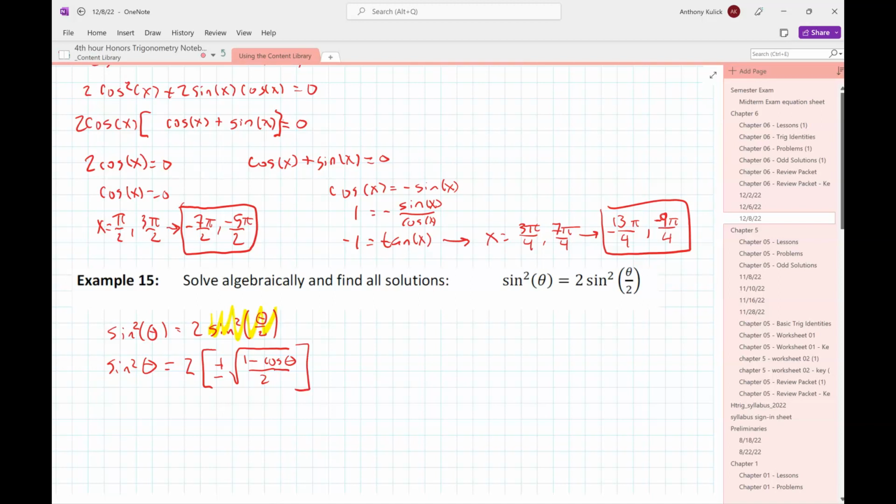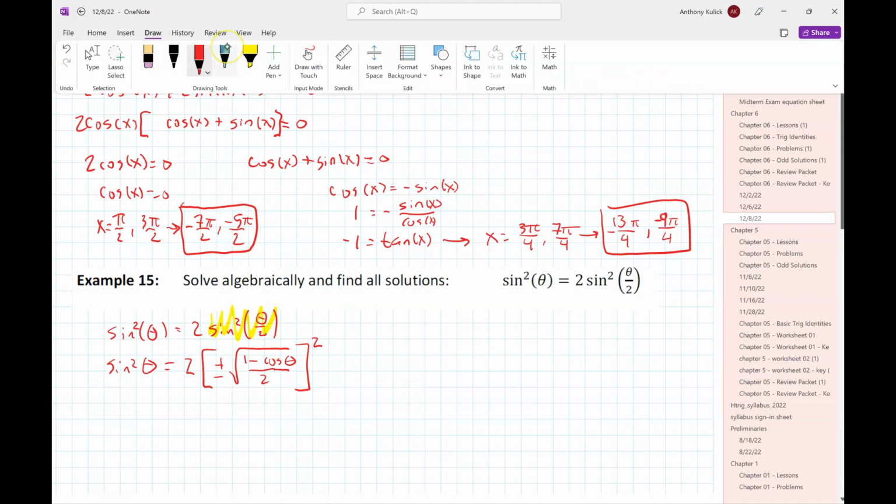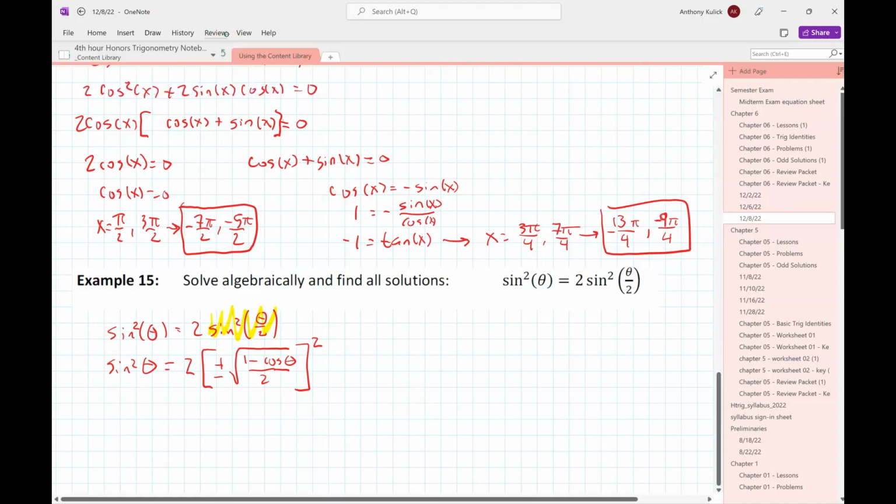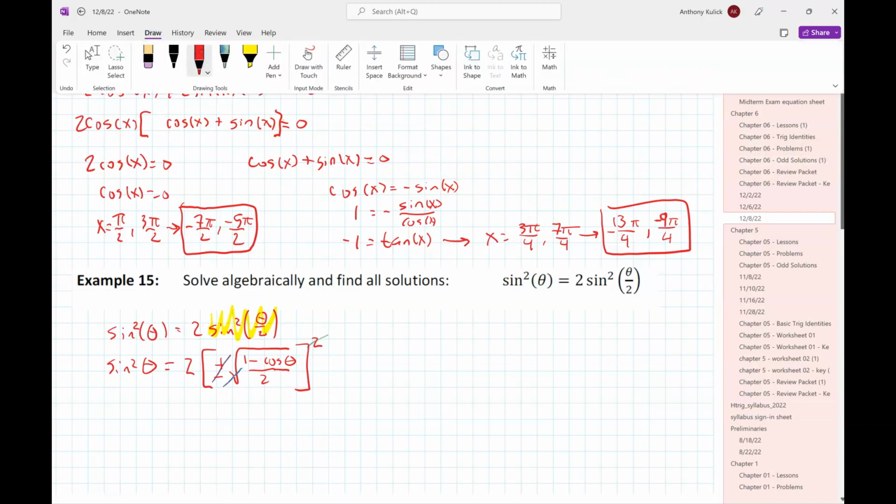I have sine squared, but whoa, that's even better. You know what that sine squared is going to do? Well, it's going to cancel the plus or minus, and it's going to cancel the square root. And that makes life quite a bit simpler.